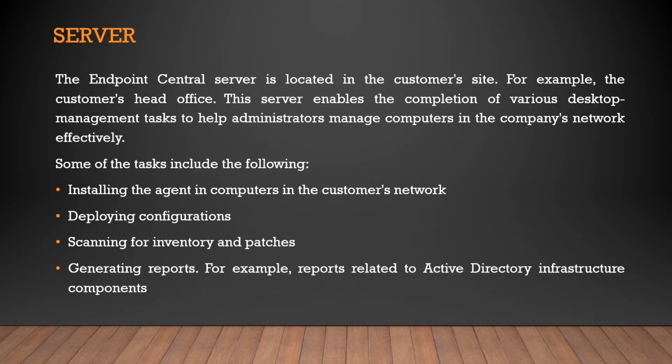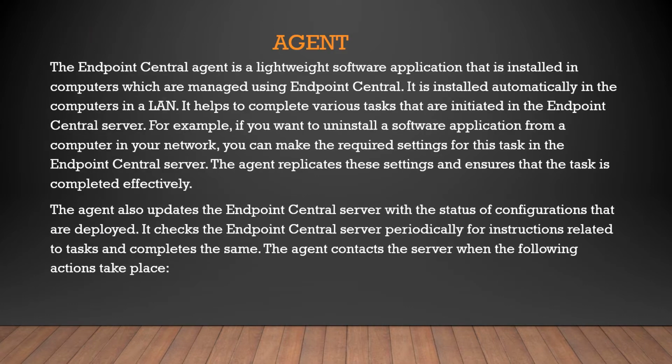Our endpoint server is located on the customer side, or it can be virtual on something like AWS or Azure. Agents are end devices for employees, customers, users, or guest users. We call them agents. Agents are lightweight software installed on computers which will be managed using Endpoint Central.